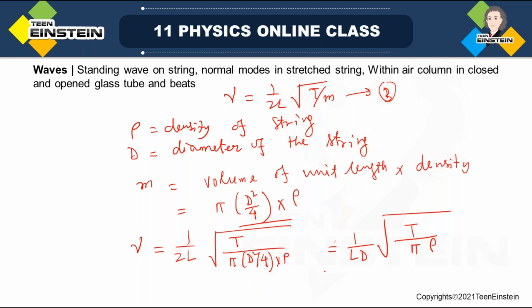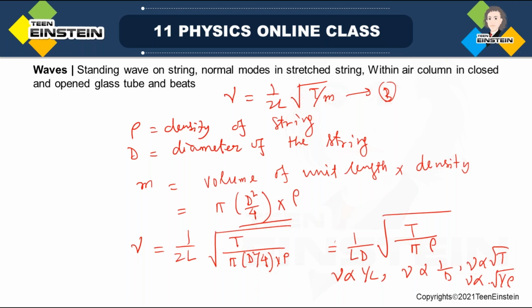So the law of vibration of the strings will be modified: nu is inversely proportional to L, the frequency is inversely proportional to the diameter, directly proportional to root T, and inversely proportional to the root of the density.